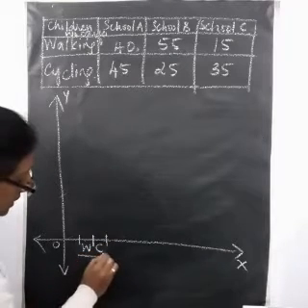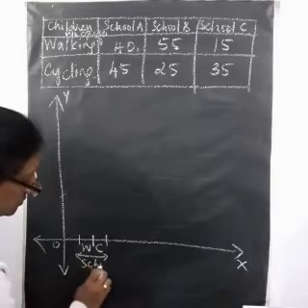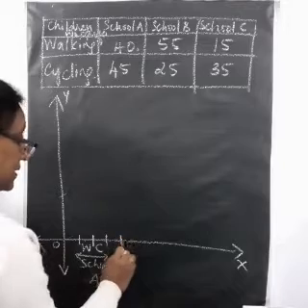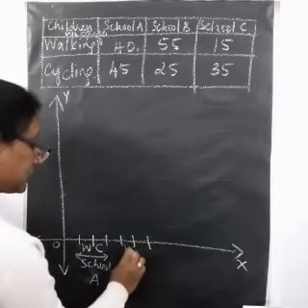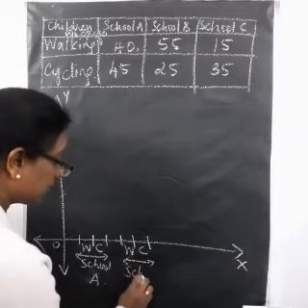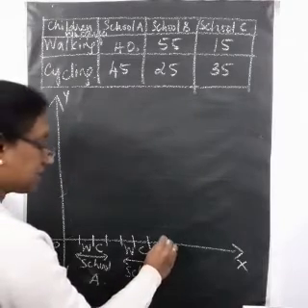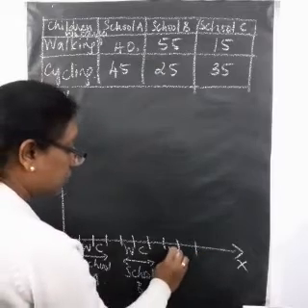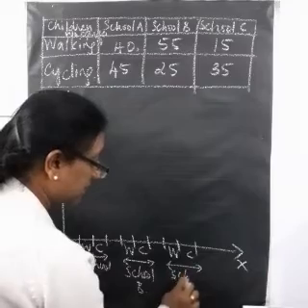So this will be school A. Then leave 1 centimeter free. Then after that, again you take walking and cycling. Walking and cycling. This will keep for school B. Right? Then leave 1 centimeter free. Then you take again walking and cycling. This is for school C.